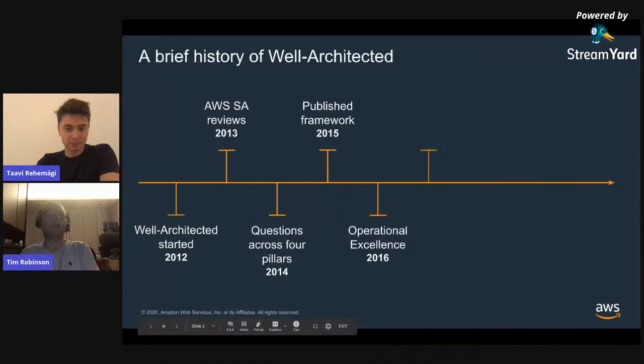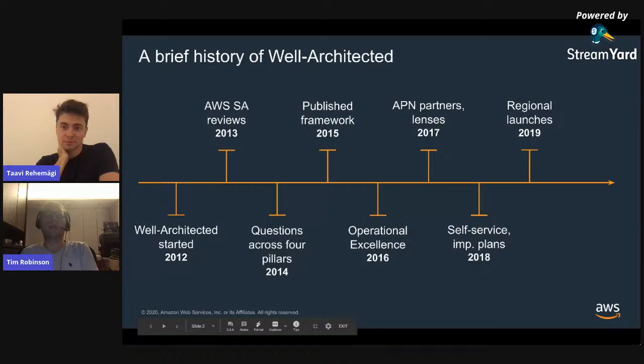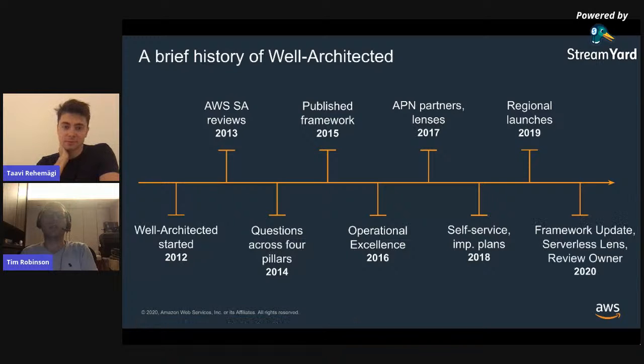If we build this slide out, we can see that well-architected started in 2012. It was started initially as a response to the fact that AWS was really building out its portfolio of services. These services all had documentation associated with them, and there was a lot of feedback from customers and especially from the media at the time that a lot of the services were quite complex in structure, and there really wasn't a great deal of guidance in terms of best practice.